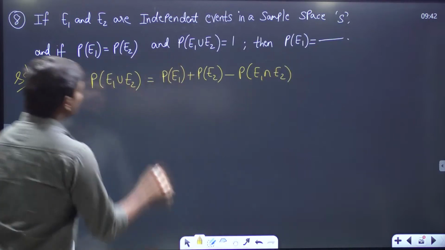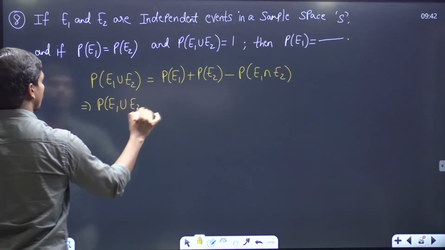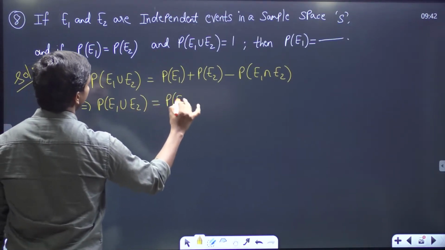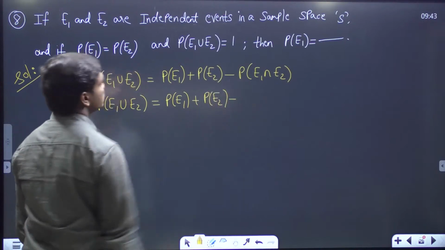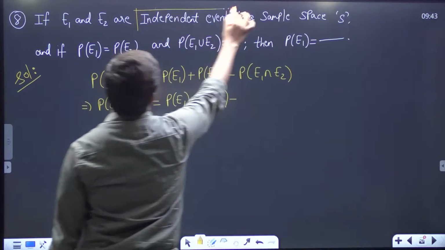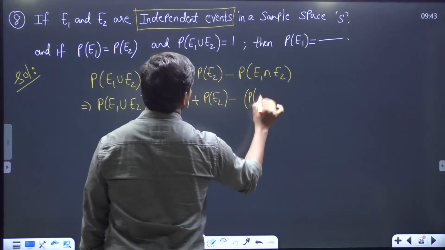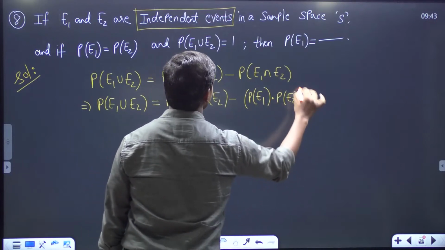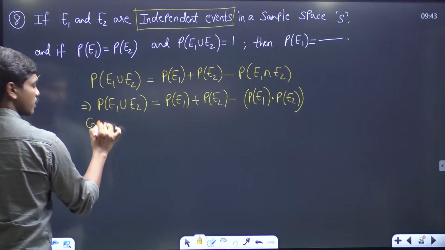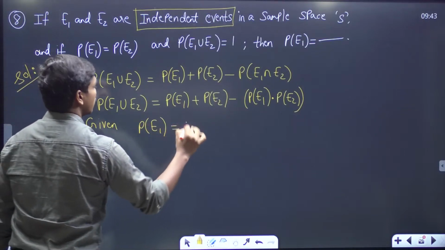See here, P of E1 union E2 is equal to P of E1 plus P of E2 minus P of E1 intersection E2. Since both are independent events, this P of E1 intersection E2 can be written as P of E1 into P of E2.